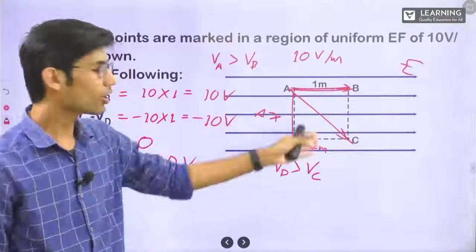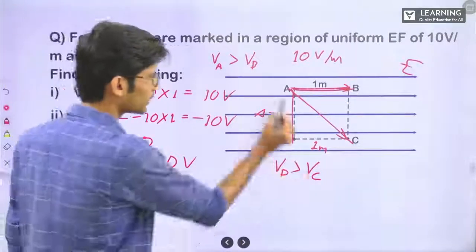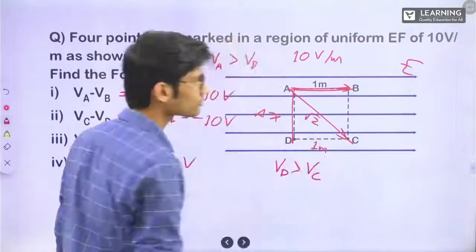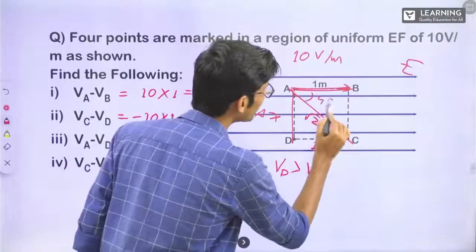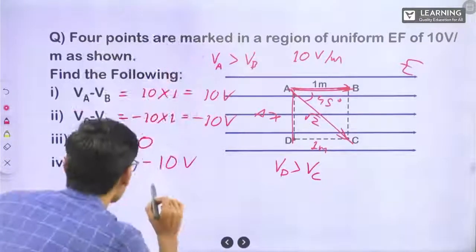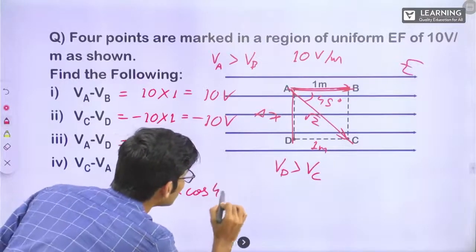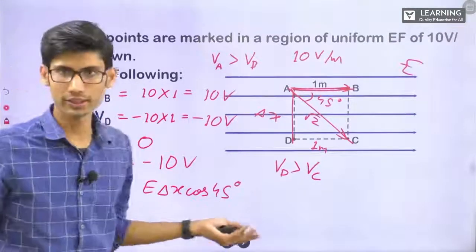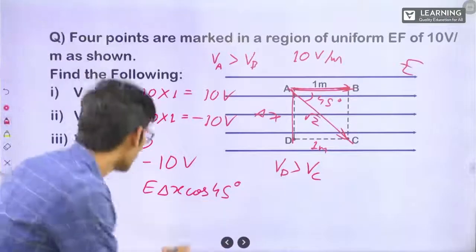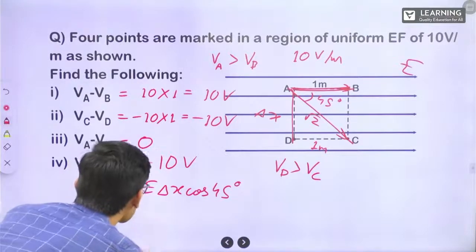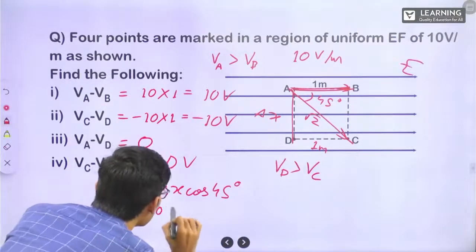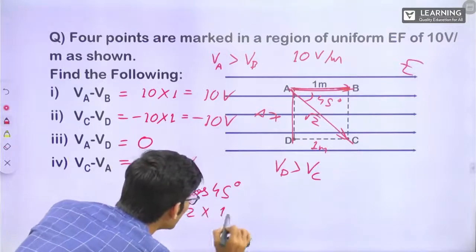Clear? Or you can do one more thing. This delta x will be root 2. This angle will be 45 degrees. E delta x cos 45. E dot delta x, E delta x cos 45. This will be 10 into root 2 into 1 by root 2.